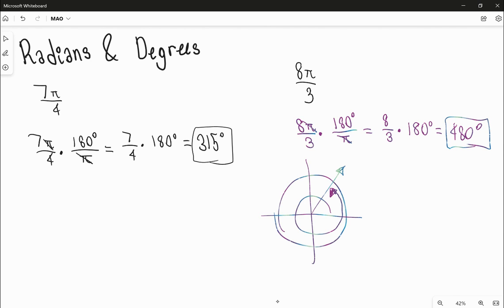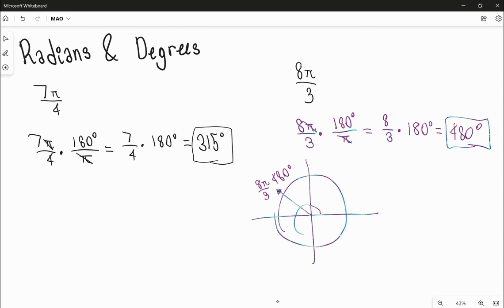So if you were solving for the angle that's the distance from this x-axis to the angle that you have, you would get 2 pi over 3. Oh, sorry. This should be here. You have pi over 3 here, you have 2 pi over 3 here. 8 pi over 3 is the same thing as 480 degrees.